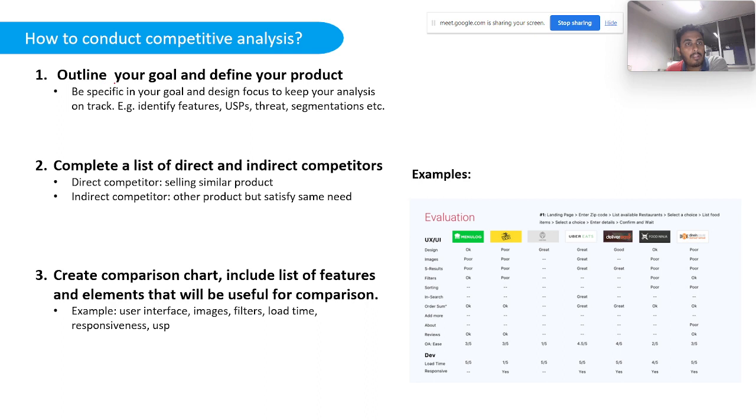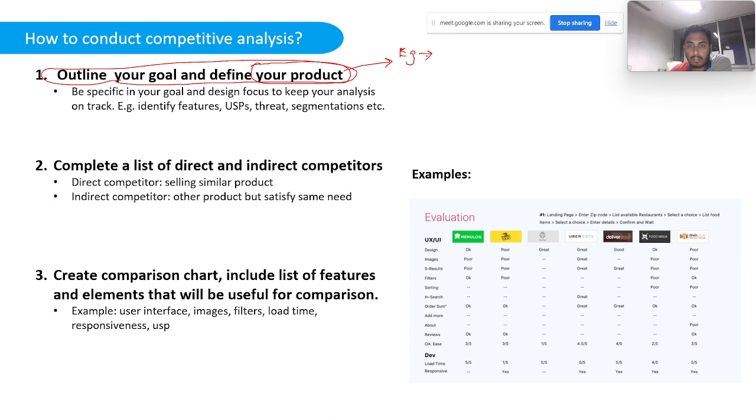Okay. First is to outline your goal and define your product. So when you, as a company, as an organization, enter the market, and if you do not have any strategies or scope, you do not define any scope, then you first need to define the scope of your solution.